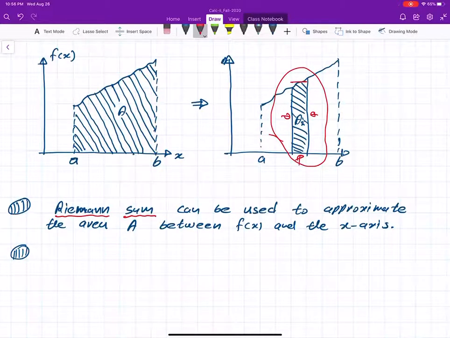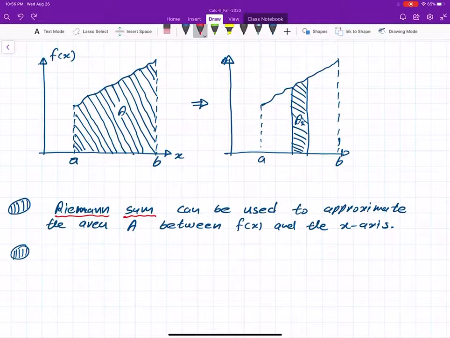The only problem is the top. If the top is flat, then that's an easy computation, which is the area of this rectangle. You compute that area, keep computing the area of all such rectangles, and then sum them up. That will give you an approximation for this area between the function f of x and the x-axis.